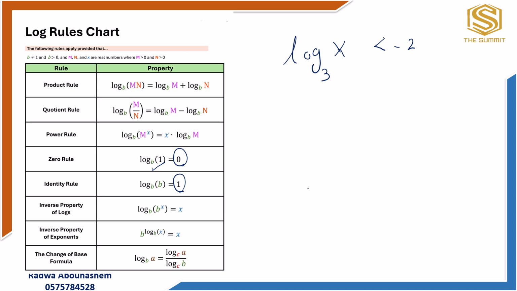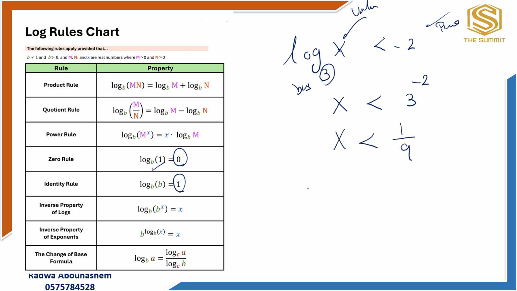Consider in your mind the smaller than as an equal. So here it would be x smaller than 3 to the power -2, because we know that the answer of the log is the power. This is the power, this is the base, and this is the value or the answer. So x is smaller than 1 over 9.